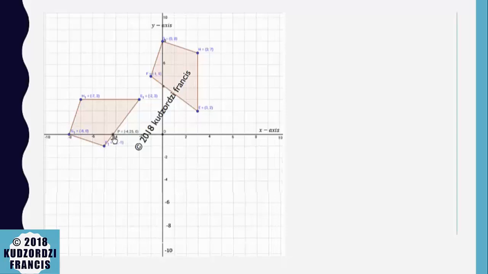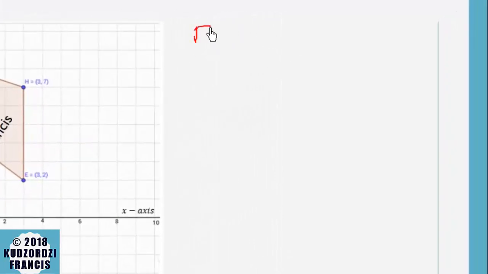That is where the line intersected the x-axis, so it has coordinate (-4.25, 0). Now you're supposed to calculate the area of this shape, which is quadrilateral E1G1H1P, and that quadrilateral is a trapezium.